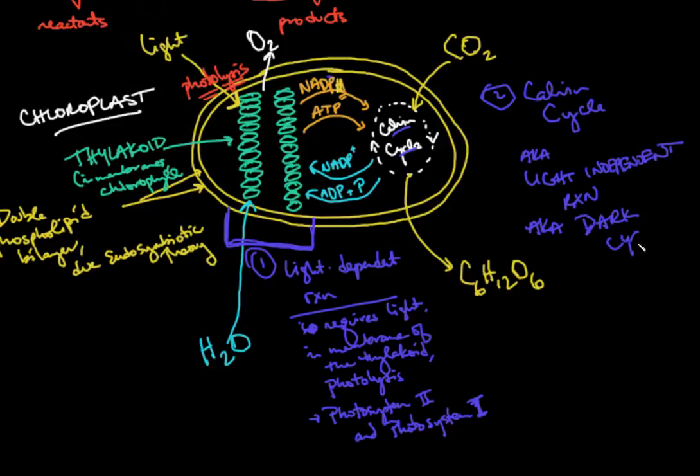And that is really a misleading term because being light independent and dark are not the same thing. Being light independent means that whether there's light or not, this reaction can move forward. Dark cycle implies, as opposed to the light-dependent cycle, that it only happens at night. And that's not what light independent means. So it can get a little bit confusing.